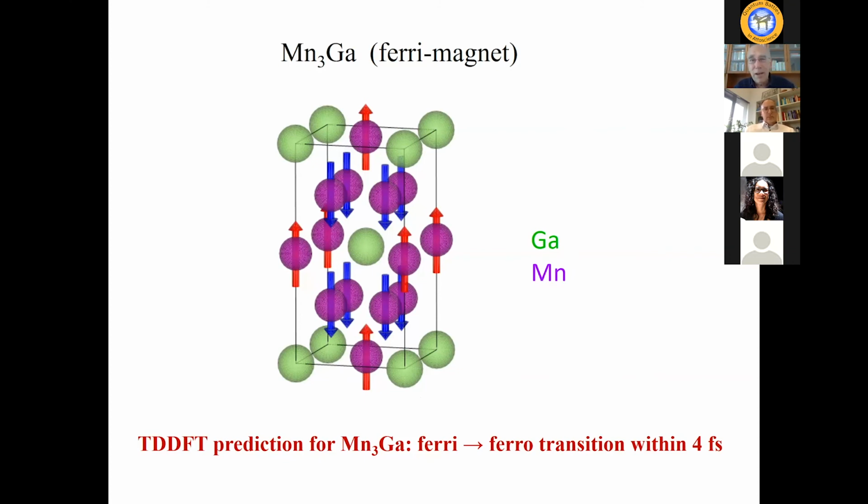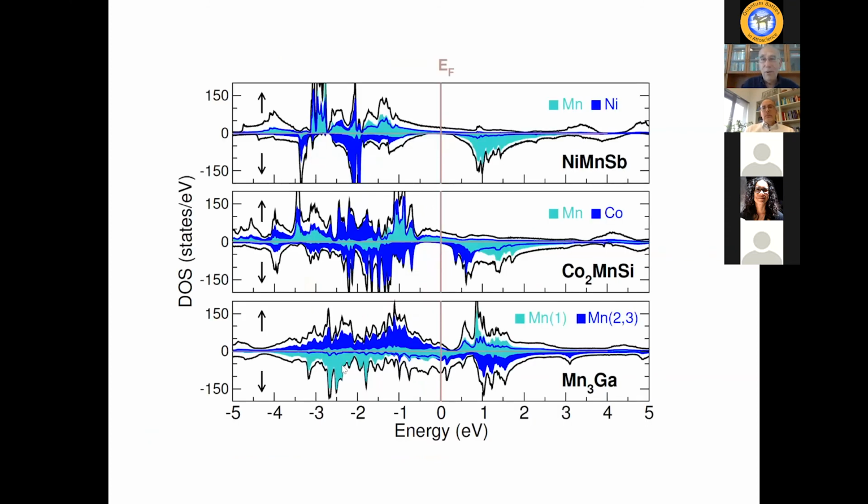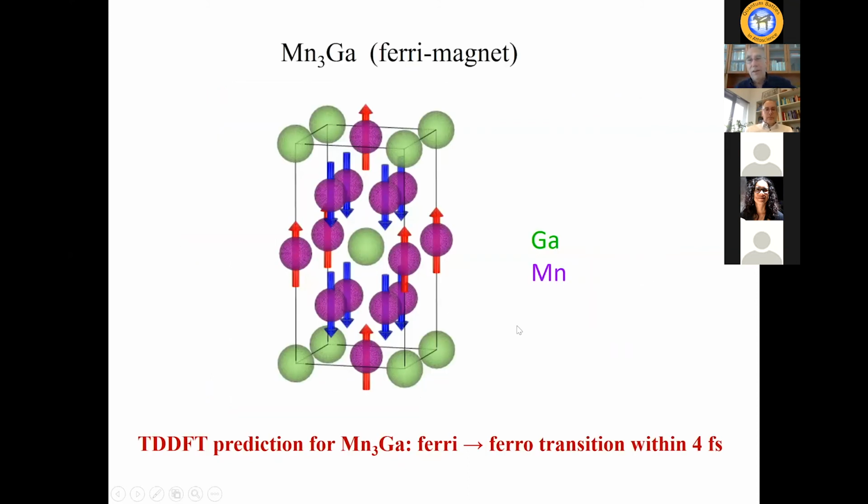And if you put all these pictures together that I showed you on the lower plot where the spins go, you see that for this material you have a ferri to ferro transition within a few femtoseconds.